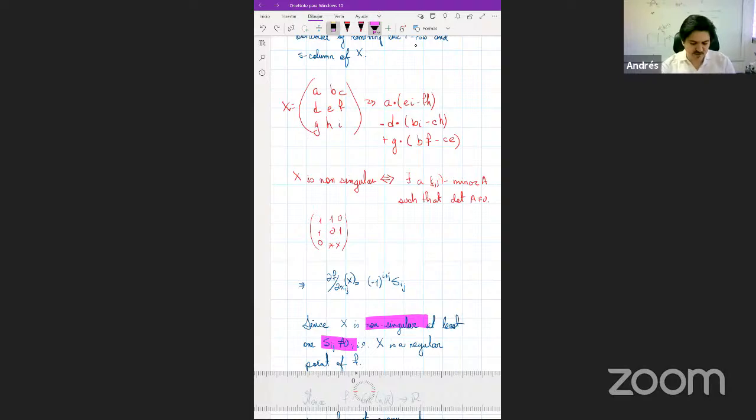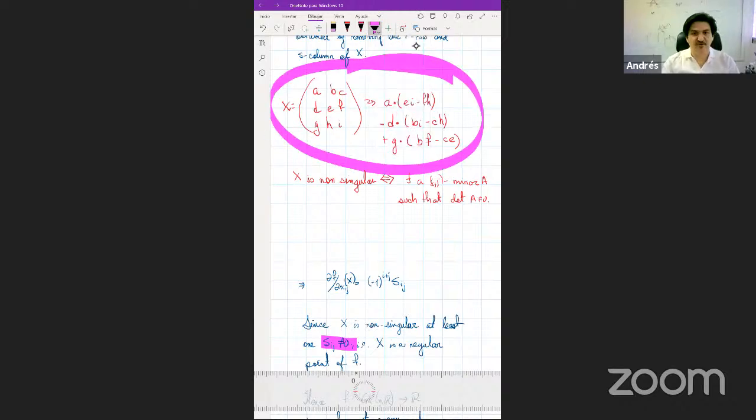Okay then, so there are 2 steps. This is for any matrix. Well, I cannot erase that anymore. So there are 2 steps.